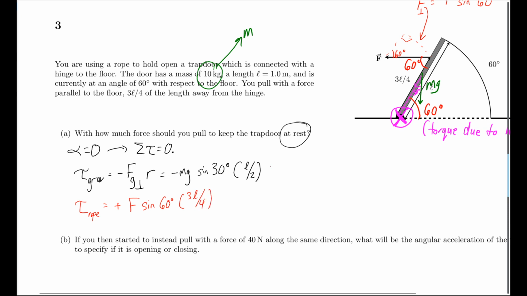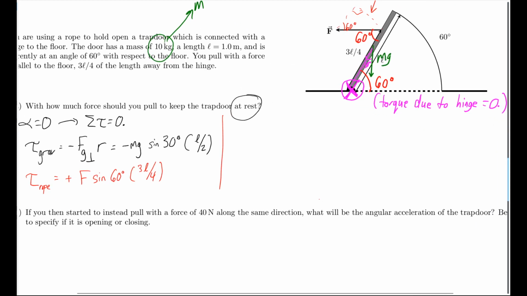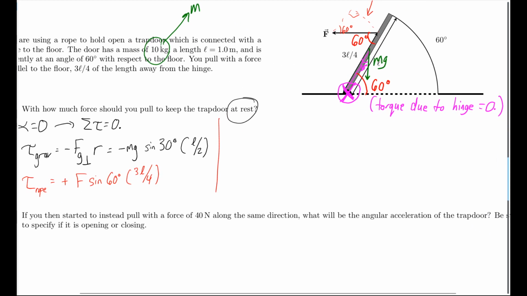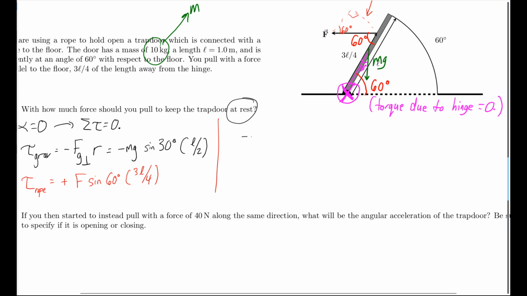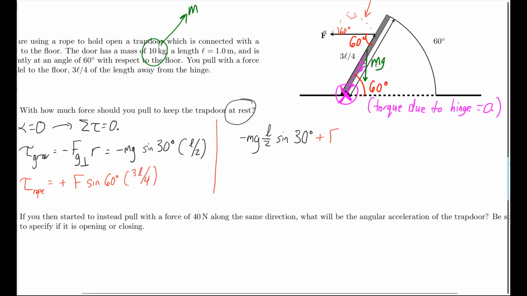So now we know those things add to 0. So that means we have minus mg L over 2 sine 30 degrees plus F times 3L over 4 sine 60 degrees all equals 0.